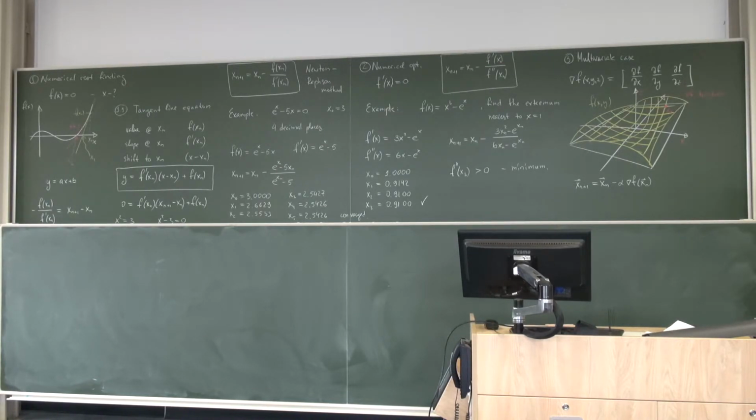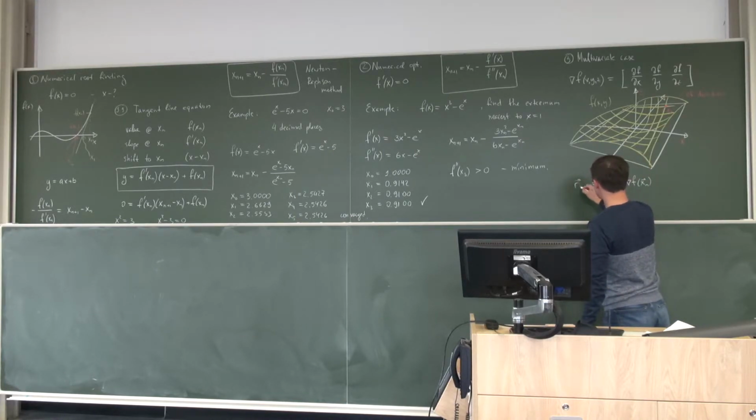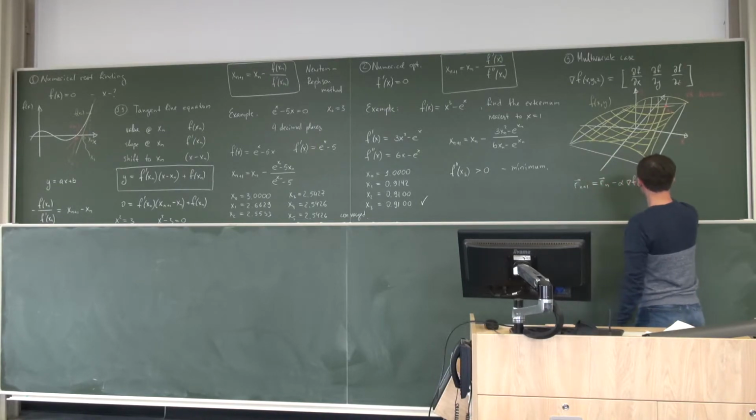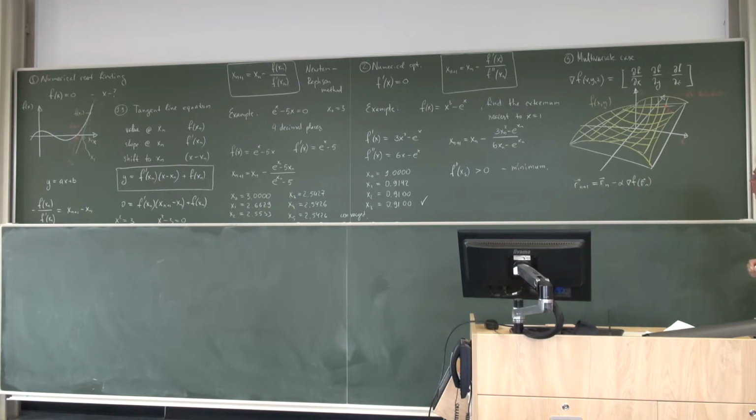Maybe we would use r as the notation here. So the next point r is the previous point r minus alpha times the gradient calculated at r. Notice this coefficient alpha, it regulates the step length. We could, in principle, take a tiny step, but then we wouldn't make any progress. We can take a much larger step, but then we run the risk of overshooting. And then we would have to backtrack. So let's say we are taking some reasonable steps.